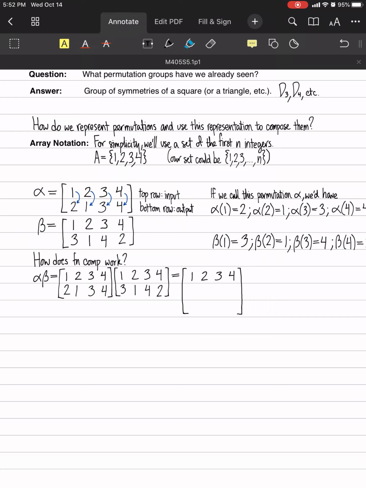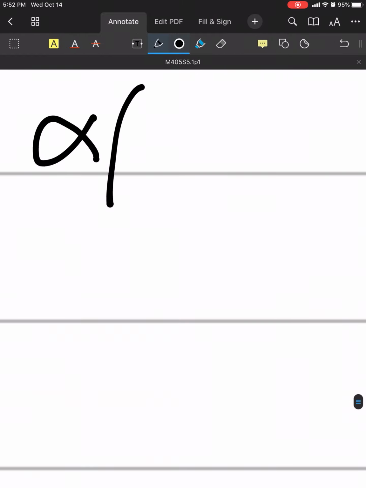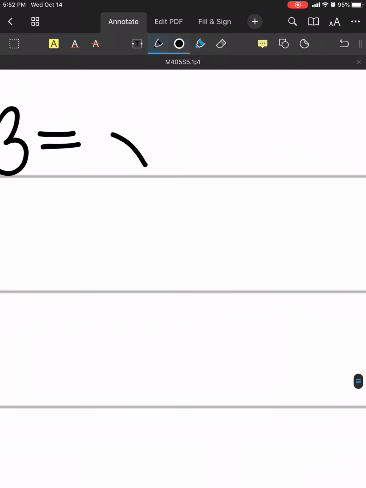So what you want to think about doing here is this is a function. So alpha beta is equal to alpha of beta.